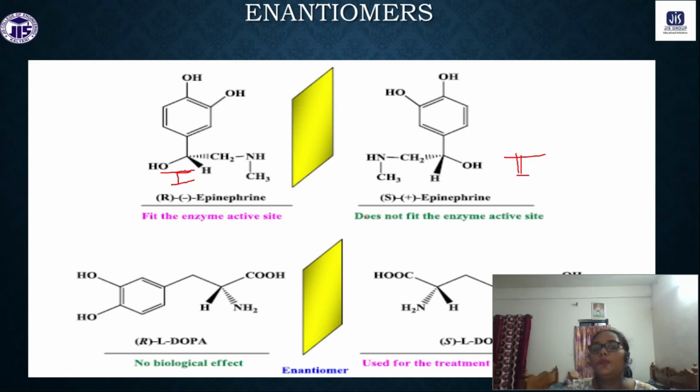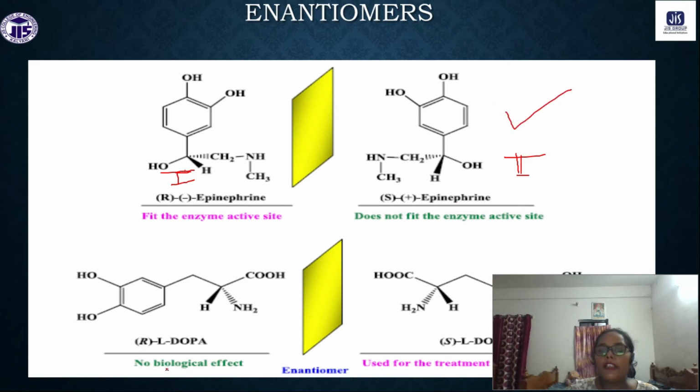They are not superimposable, because you can see if it comes here, that means the bulkier group will be here, but actually in the mirror image it will be on the left-hand side. So the mirror images are not superimposable at all. That is why they are called enantiomers.